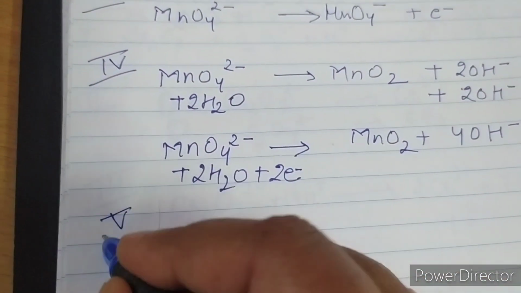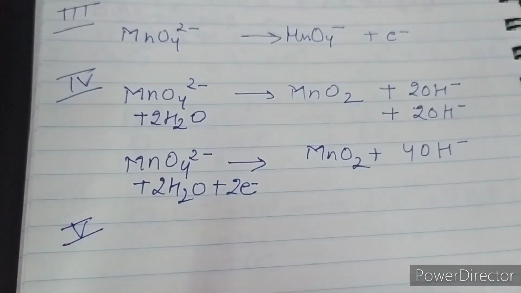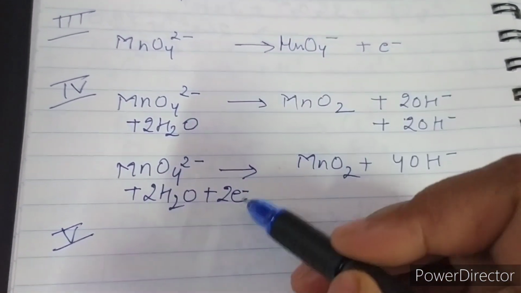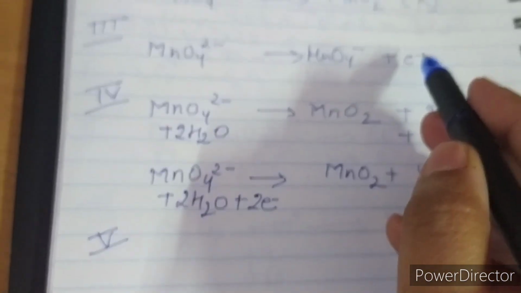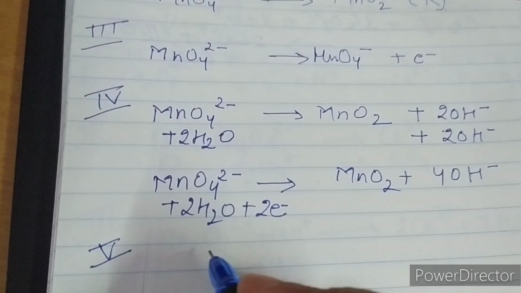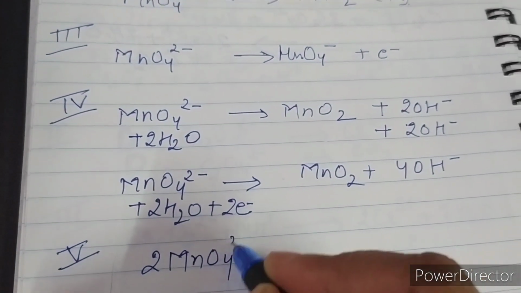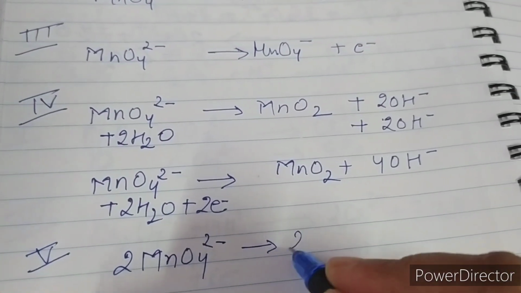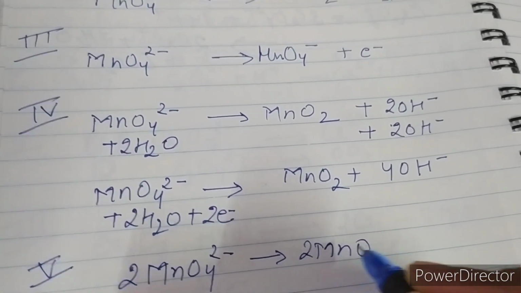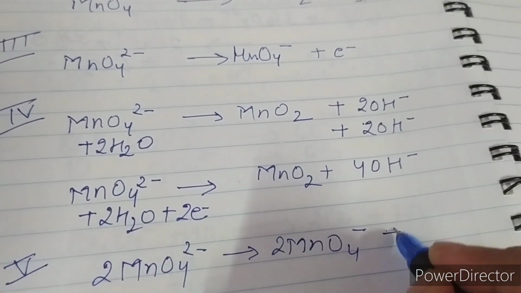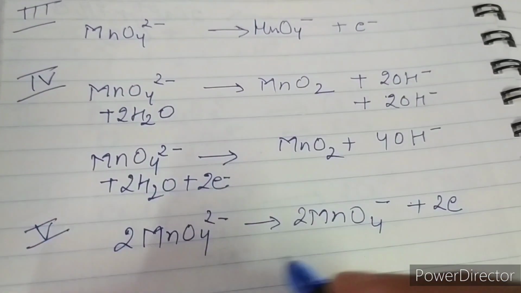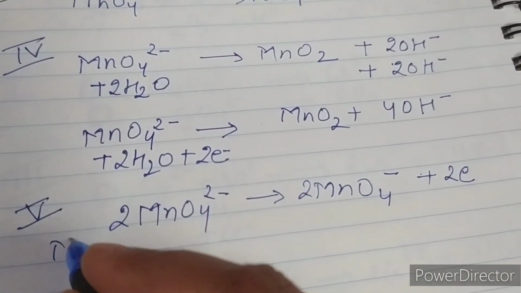And now let's come to the fifth point. Now you have to equalize the electrons on both sides, equation 1 and 2. So we'll multiply the first equation, that is the oxidation half reaction, by 2. So we'll multiply it directly. 2 MnO4 2 negative will give you 2 MnO4 negative plus 2 electron, and now this equation we will copy as it is below this.